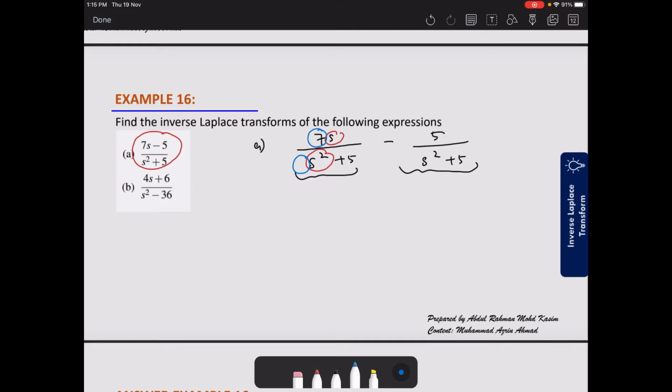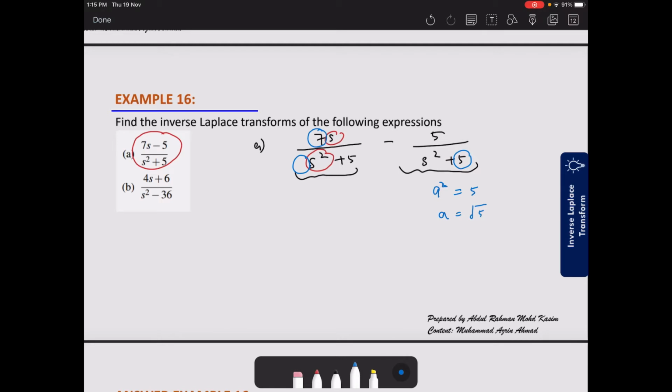However, please be careful. If you have s squared plus a number, then it should be under sine at. So what you need to do is, we have here a squared is equal to 5, then your a must be square root 5.